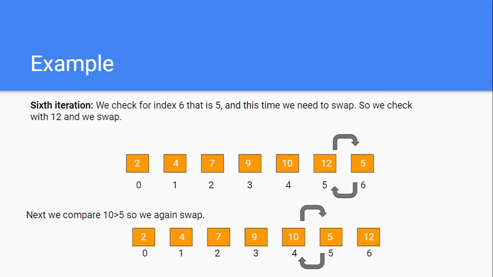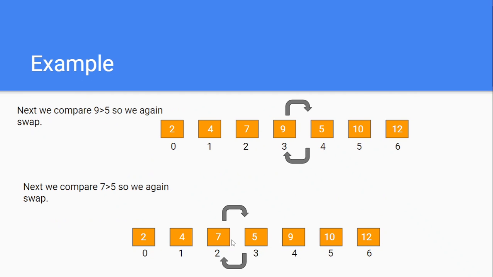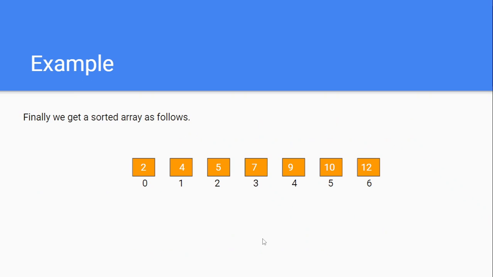In iteration 6 we have the 6th element whose value is 5, and 5 is less than 12, so swap it. Then again 5 is less than 10, swap it, and then 5 is less than 9, swap it, and the swapping goes on until we reach the element which is smaller than 5, which is the 4, but 7 is greater than 5, so we have swapped it.